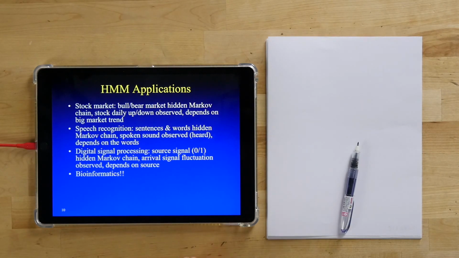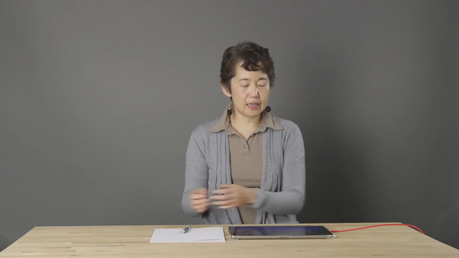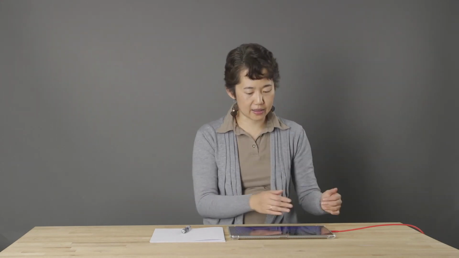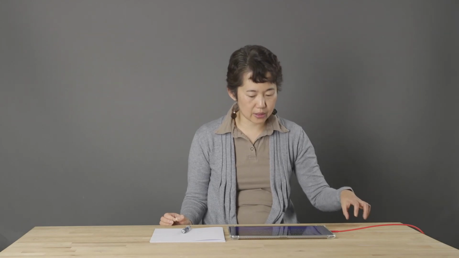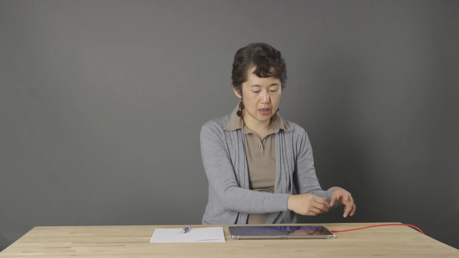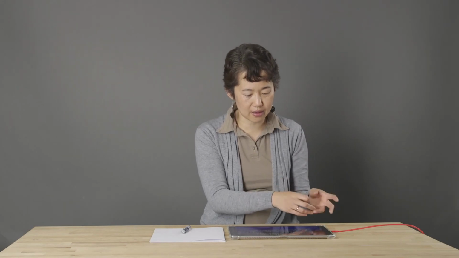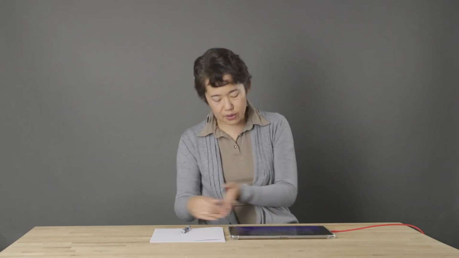Also signal processing. Supposedly we have some people sending a signal over the internet. Initially the signal is 0 or 1, but this signal might be converted to an analog signal of continuous values to be sent over the wire.